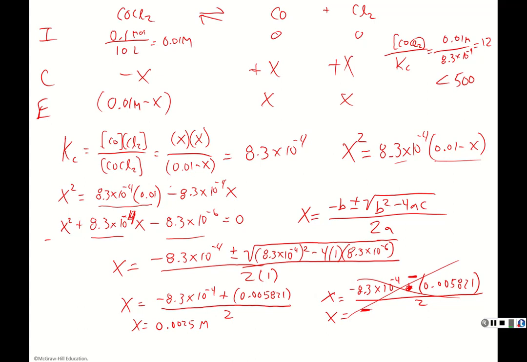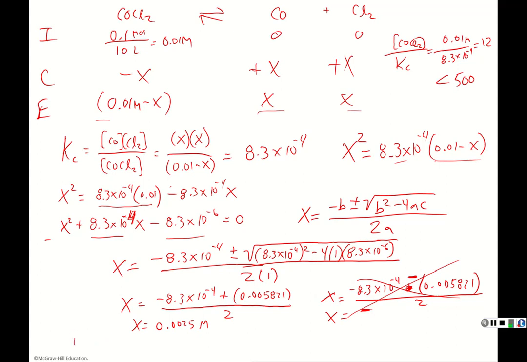They don't make sense, so we can just ignore that one. Okay. We go back to our equilibrium table, our reaction table, our values at equilibrium. We can plug x in now for them, and therefore we have 0.01 molar minus 0.0025.